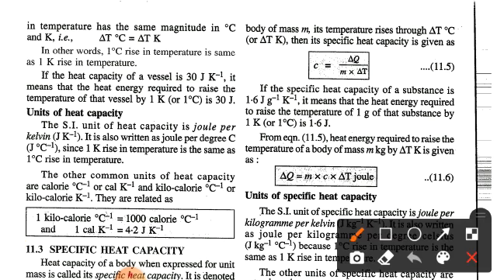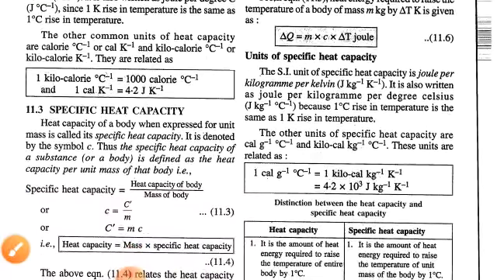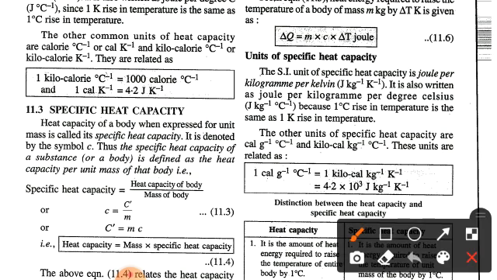Now we will come to the unit of specific heat capacity. The SI unit of specific heat capacity is joule per kilogram per Kelvin. You can see here, this is the unit. It is also written as joule per kilogram per degree Celsius, since a 1 degree Celsius rise in temperature is the same as a 1 Kelvin rise in temperature.